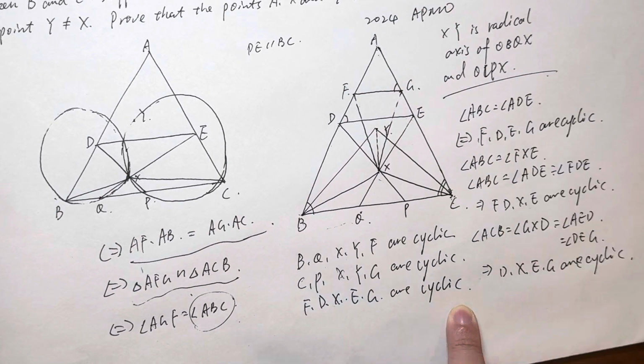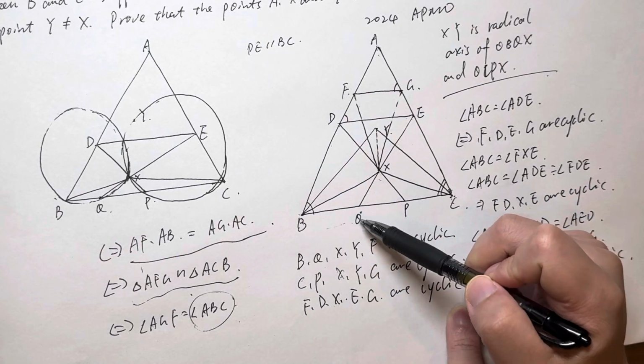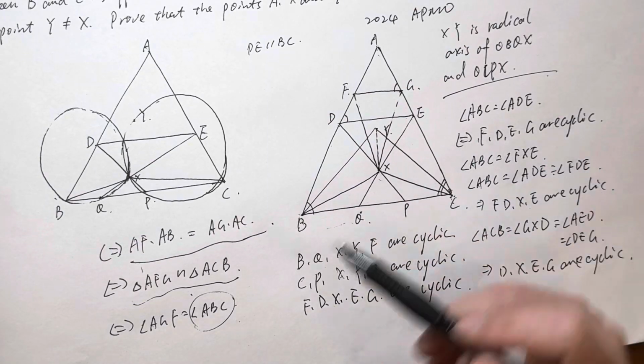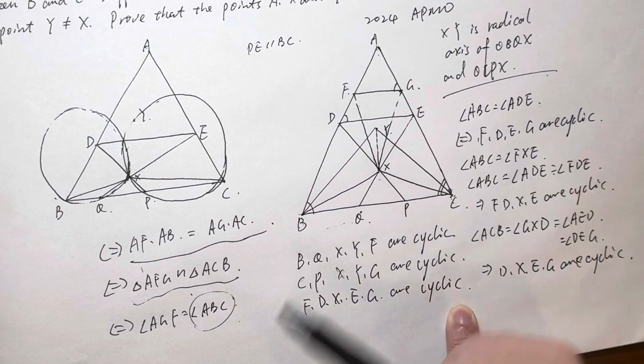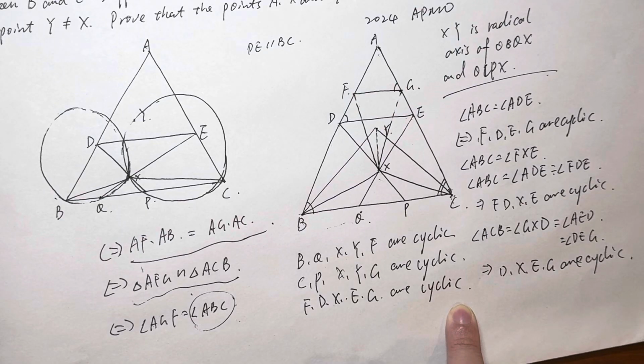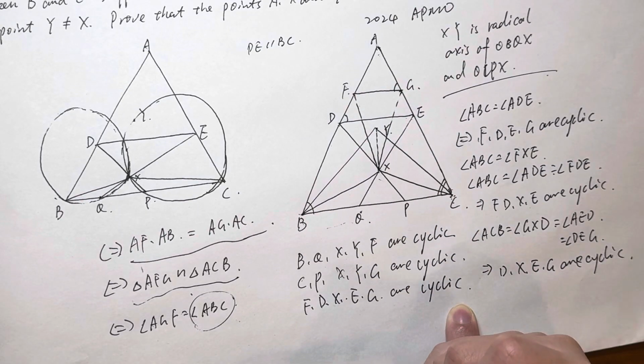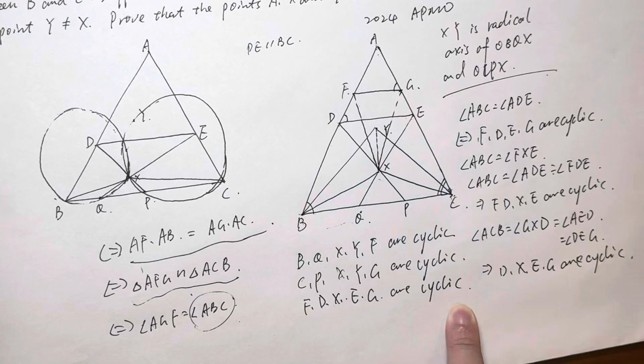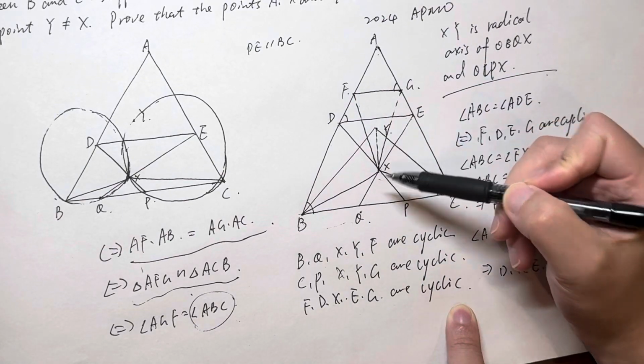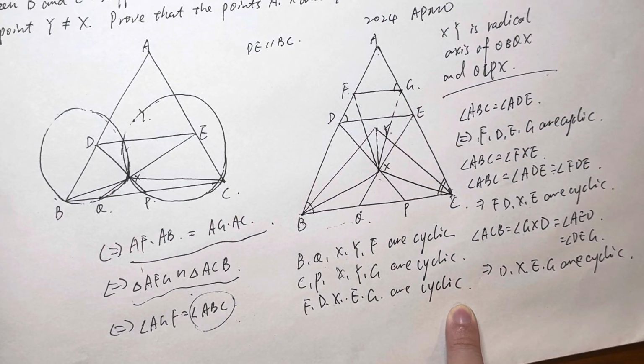So A has the same power to the circle BQX and circle CPX, which means A is on the radical axis of these two circles, which is line XY. So A, Y, X are collinear.